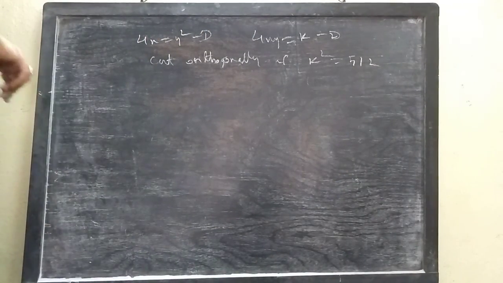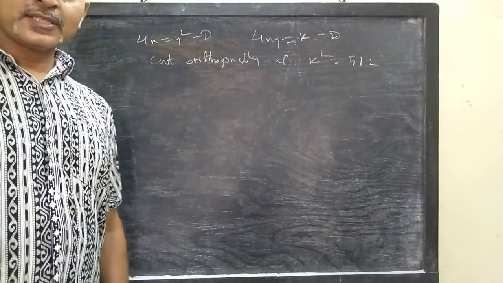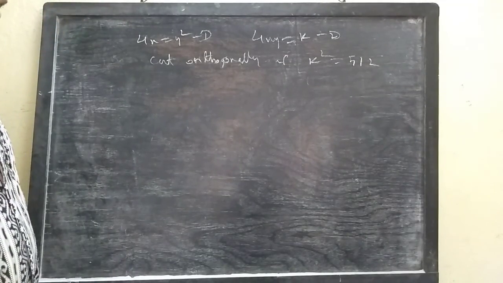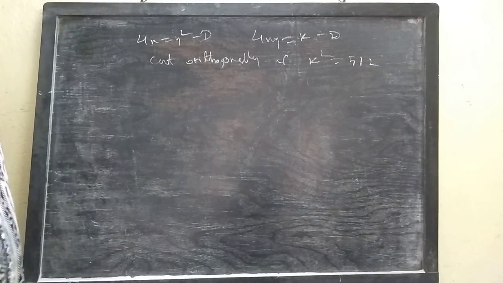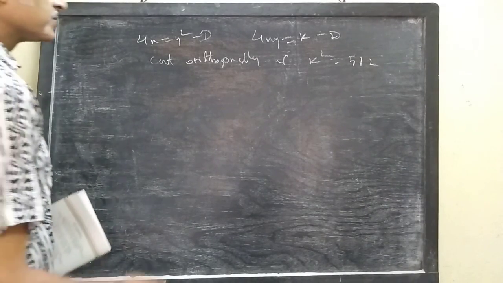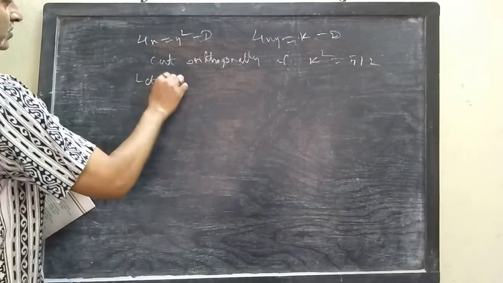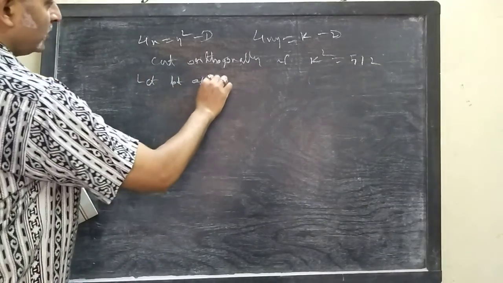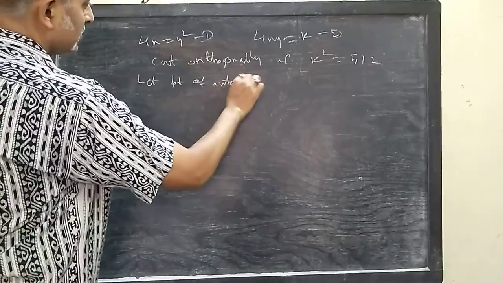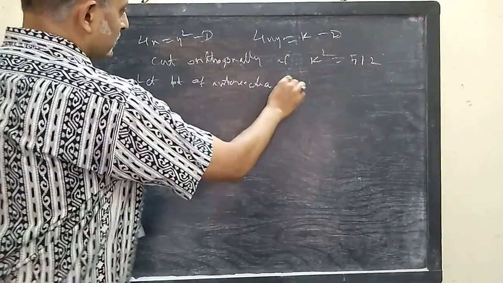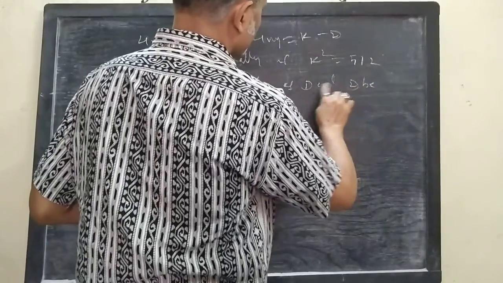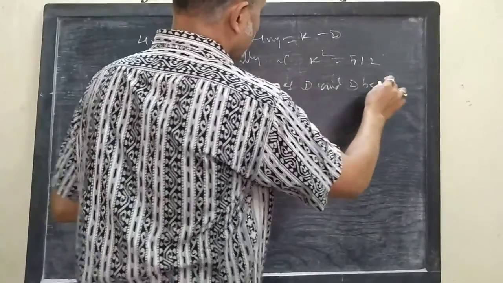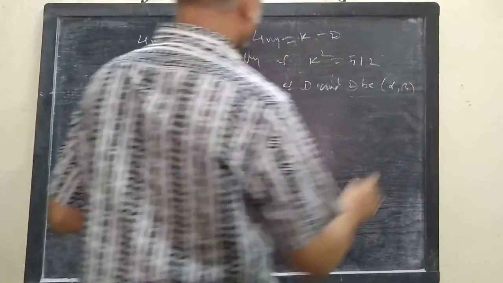So when do they cut orthogonally? They cut orthogonally if the tangents at their point of intersection are mutually perpendicular. In this type of problem, without solving, let the point of intersection of 1 and 2 be (alpha, beta).